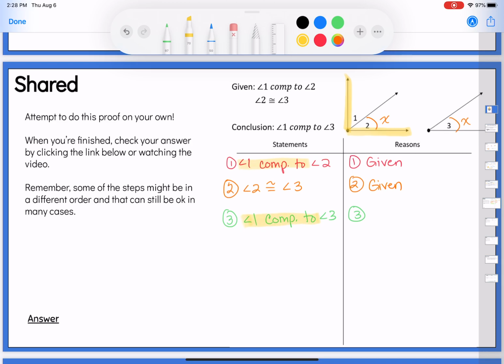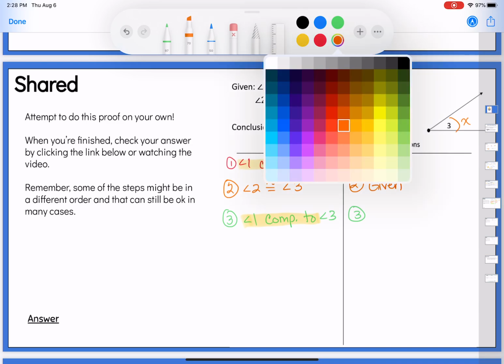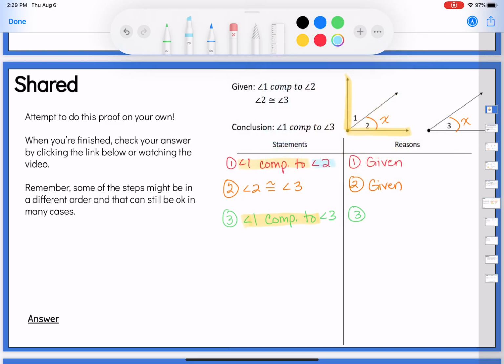But I can swap out the 2 for the 3 because of this congruent step. So I can flip-flop the 2 and the 3 because I can plug that 3 in for 2 because I know that they're congruent. That idea of plugging it in for, that's called the substitution property.